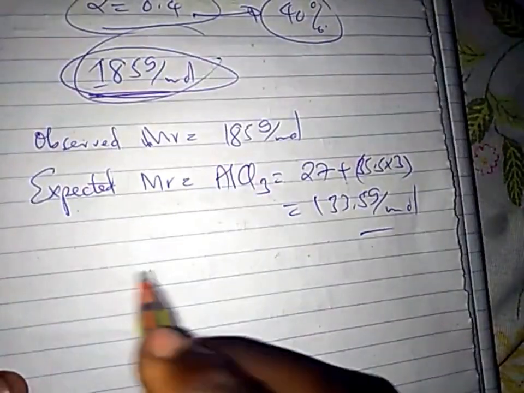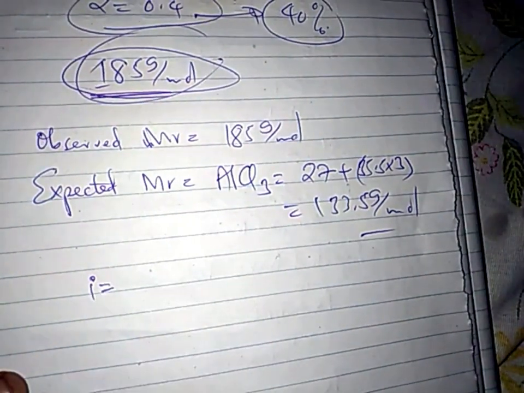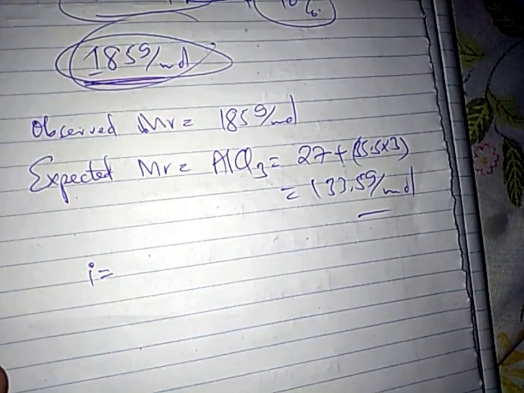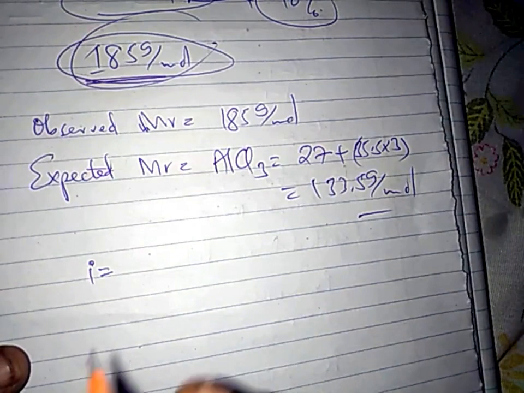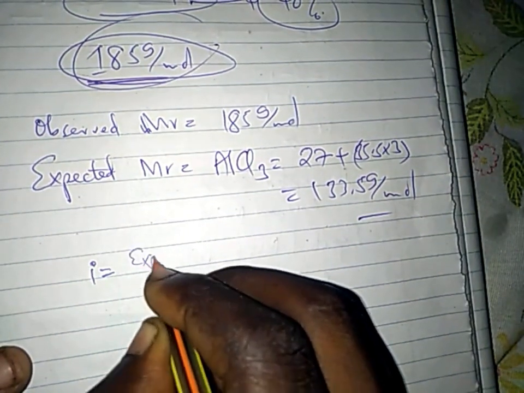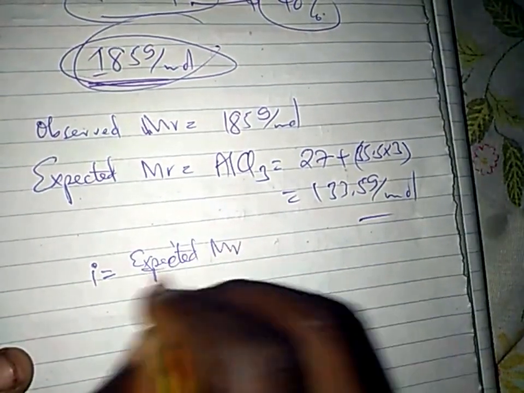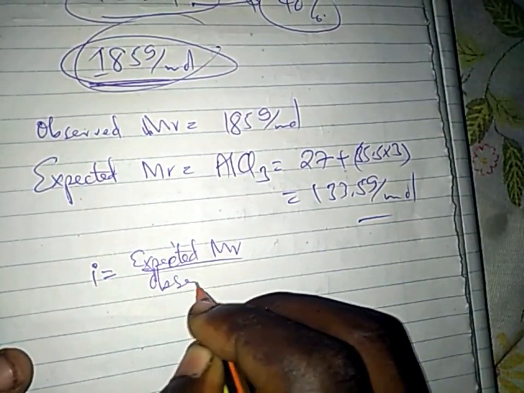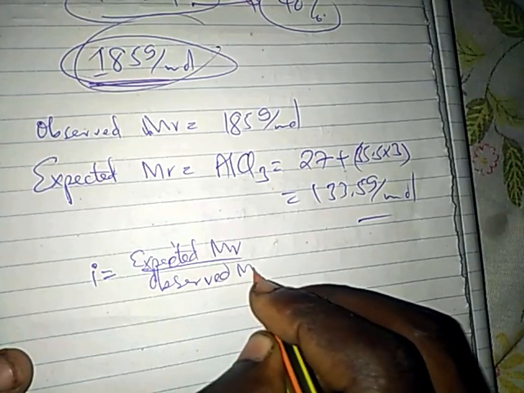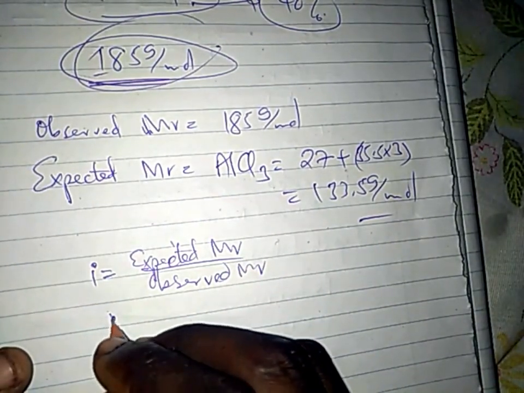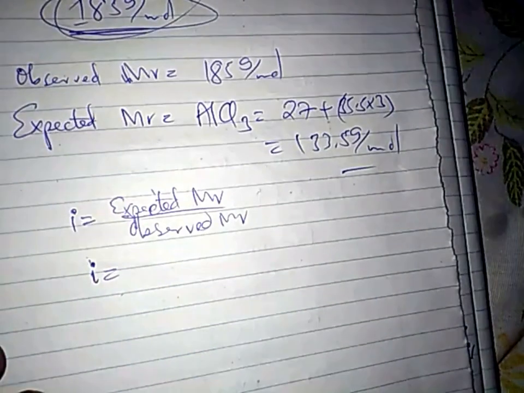So it is very easy. You are going to calculate Van't-Hoff's factor. Ni nini? Expected divided by observed, kwa sababu hii ni molar mass. So Van't-Hoff's factor ni expected molar mass divided by observed molar mass.